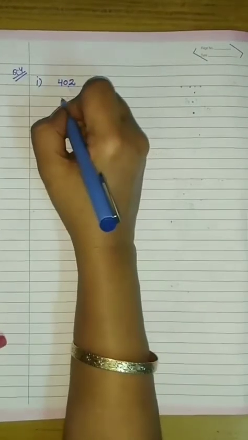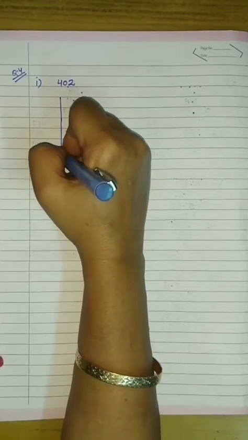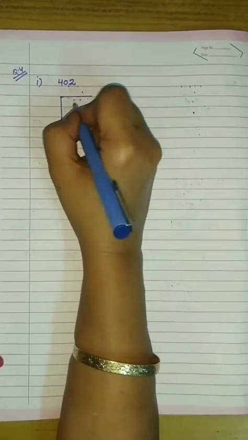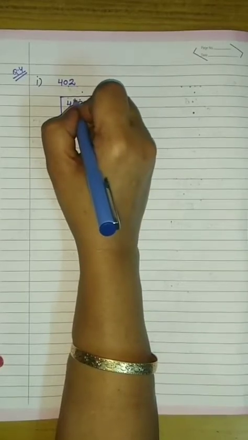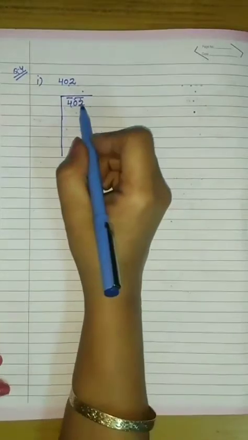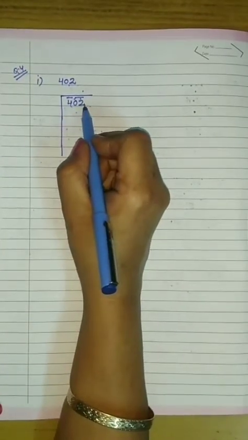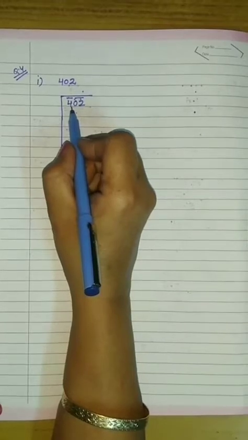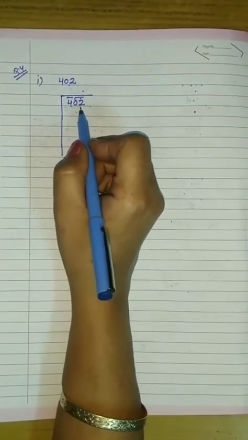So we will find the square root of this number by division method, and before finding the square root of this number we will put bars on the number. So one bar will be from one's digit on 02 and one bar will be on digit 4. So we have 2 bars in this number.